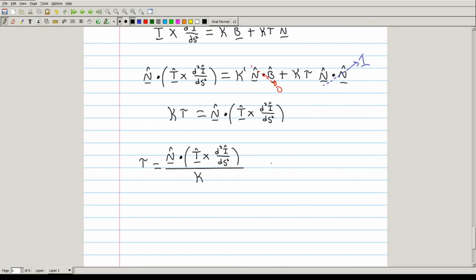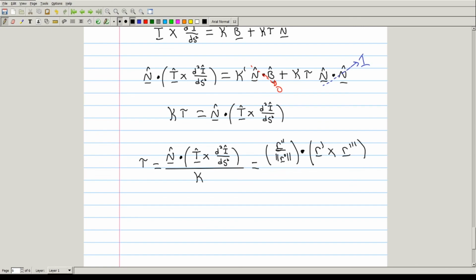N hat, remember, is the same thing as r double prime over the magnitude of r double prime, so it's the dot product of this vector with r prime cross product with r triple prime, the third derivative of r with respect to arc length.